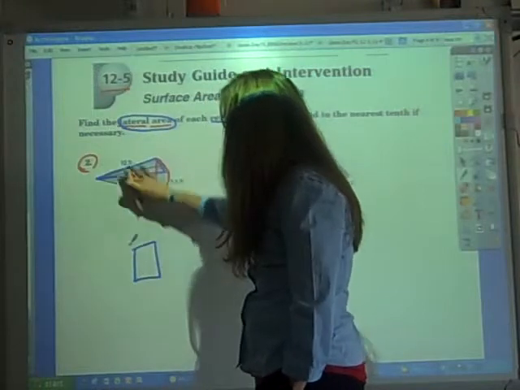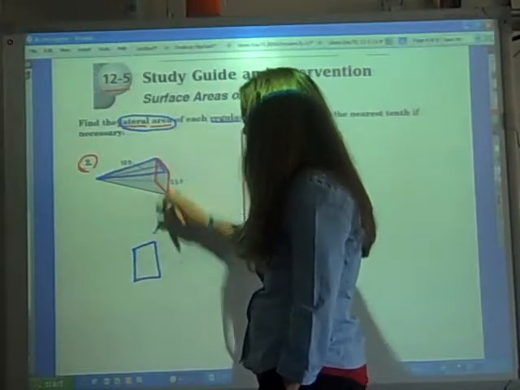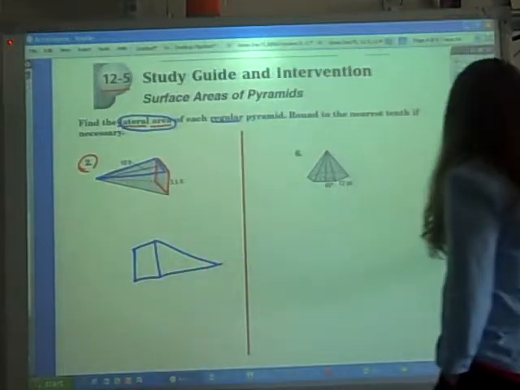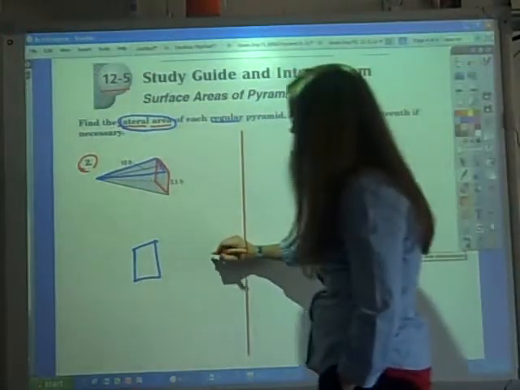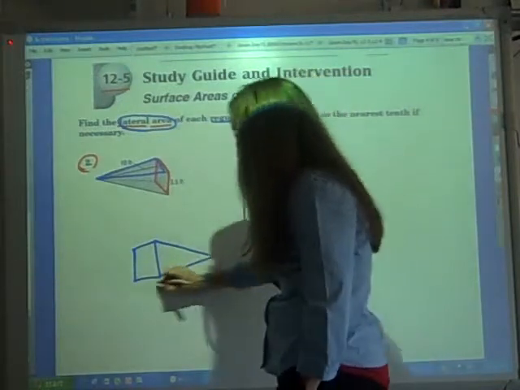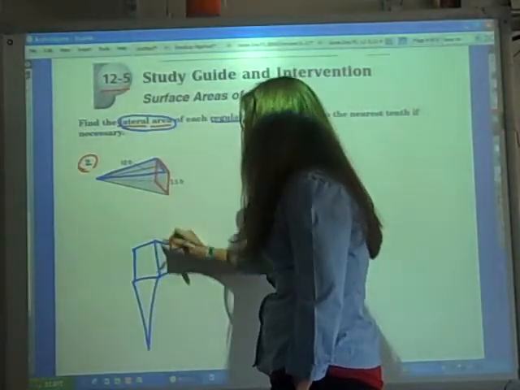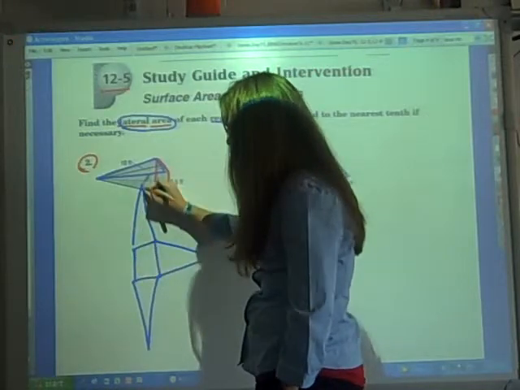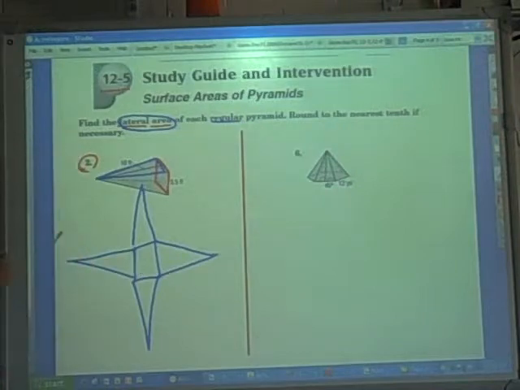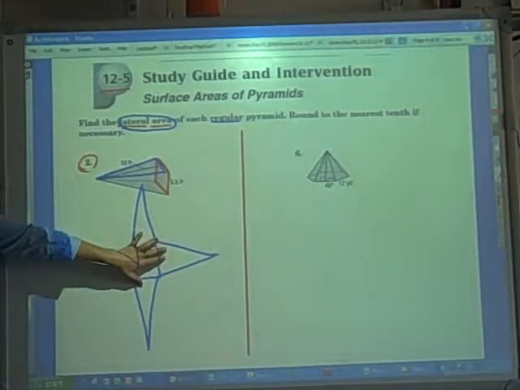If I set this thing up on its base, and I just draw the base first, how many different triangles am I going to have coming off of that base? Well, if your base is a square, a square's got 4 sides, so we have 4 triangles that are going to be the lateral faces of this pyramid. Okay, so you see how we can draw a net for any pyramid.